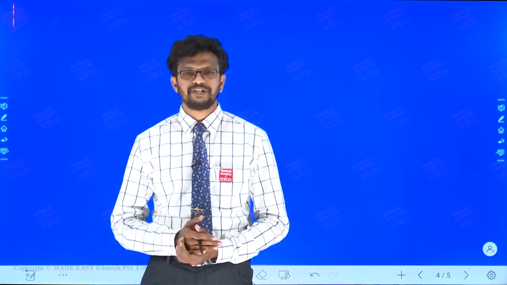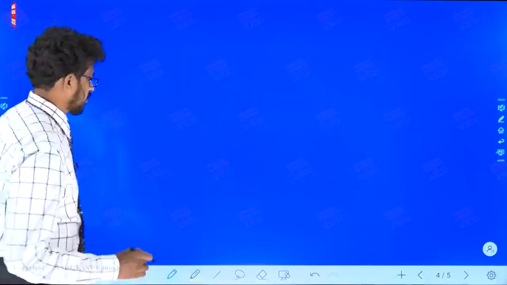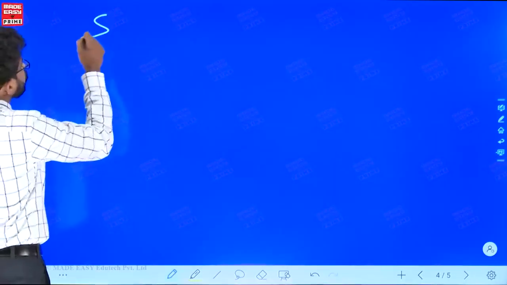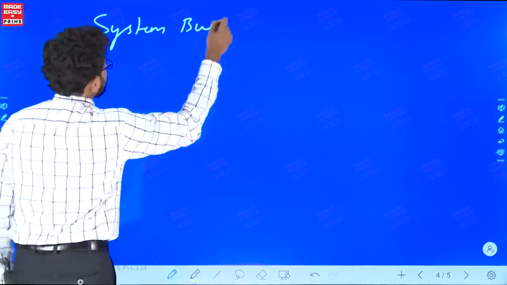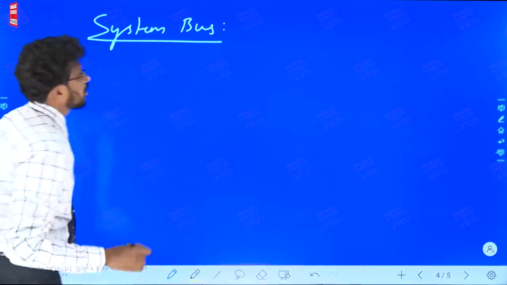These are the basic functional units of a computer. So, one is the I/O device, meaning input-output device, the other is the CPU or processor, and the other is memory. So, let us discuss how these three communicate among themselves. I'm calling it the system bus.